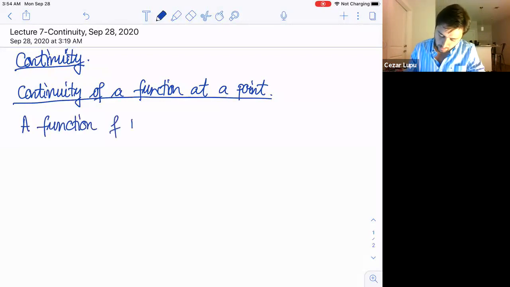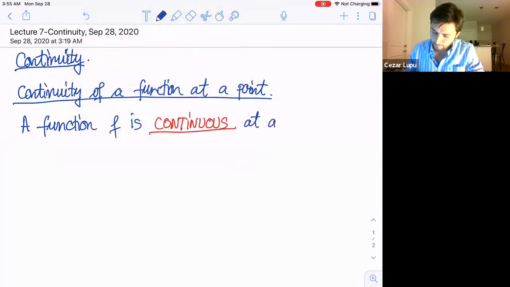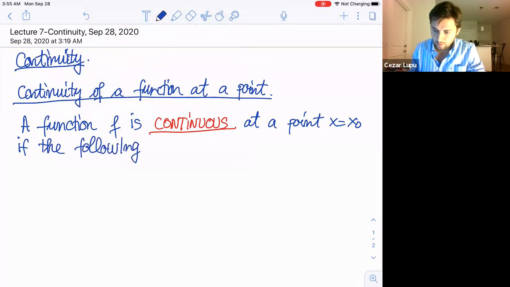So we say that a function f is continuous at a point, let's say x equals x naught, if the following three conditions are met.